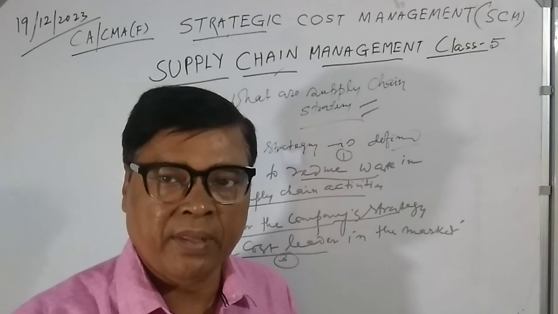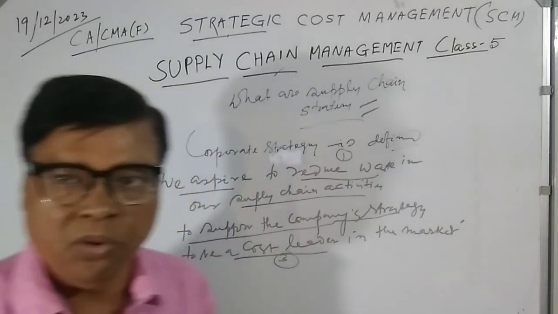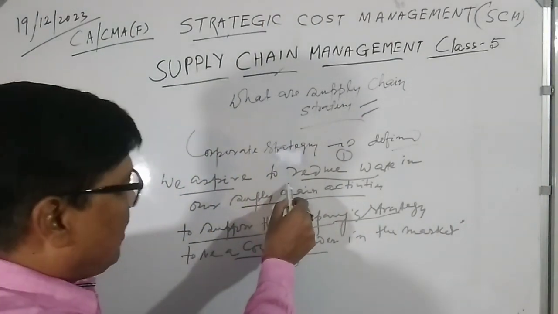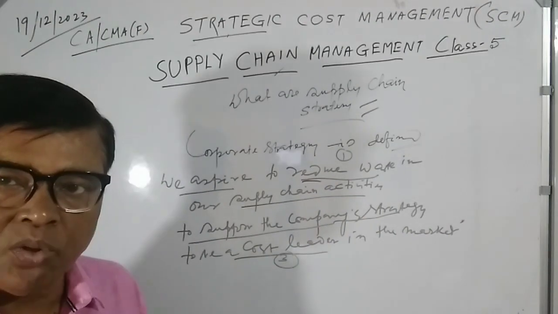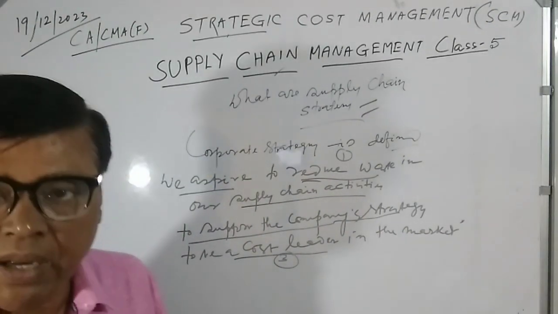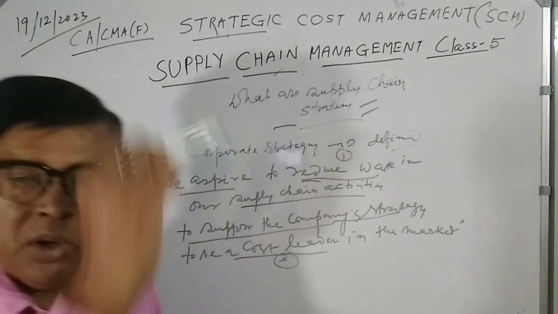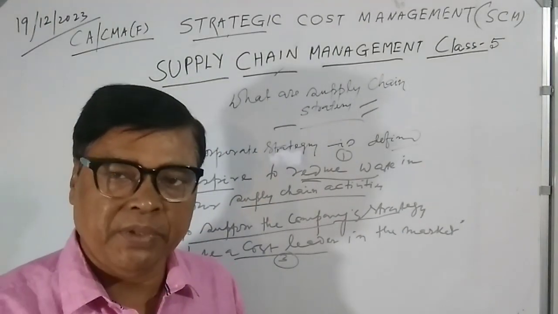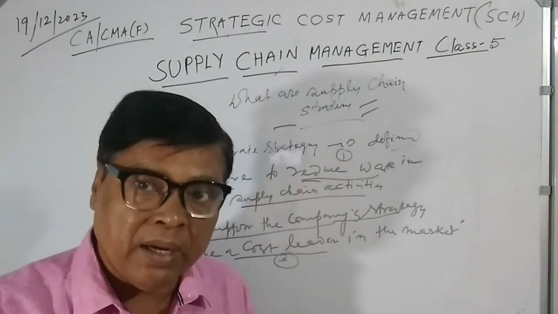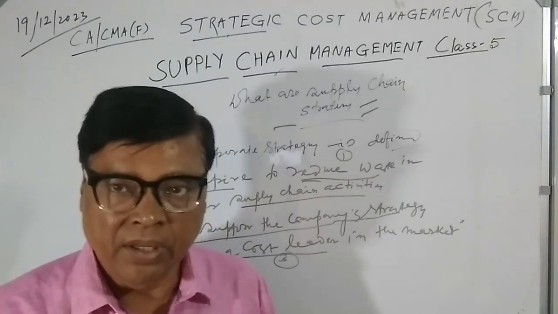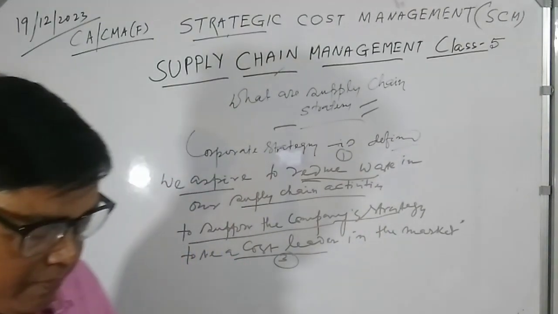Then only will you stay in the competitive market, otherwise it will not be there. So how does reduction of waste come? You have to strategize your plan, systematically develop these things, and percolate this strategy down the level, then only it will function.